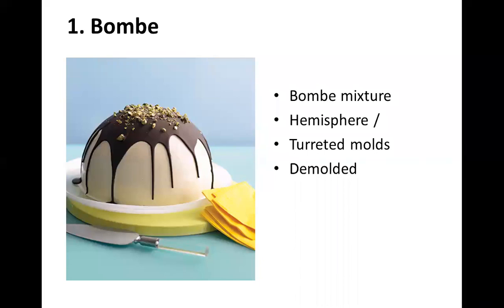More ornate molds in the shape of a half melon or turreted molds are also used. The mold is often in the shape of a hemisphere. When completed, the bomb is turned out of the mold and decorated with whipped cream and small meringues, wafers, or even chocolate also used for topping, for garnishing the bombs.